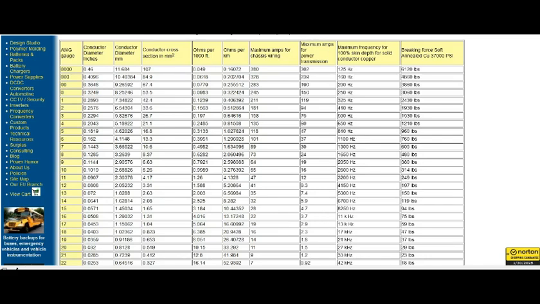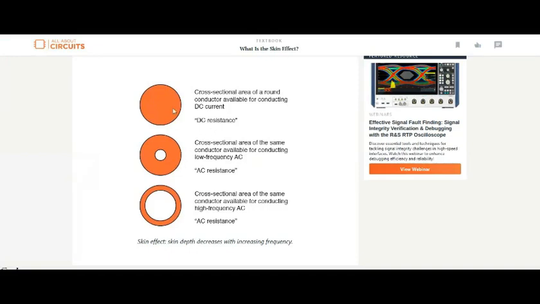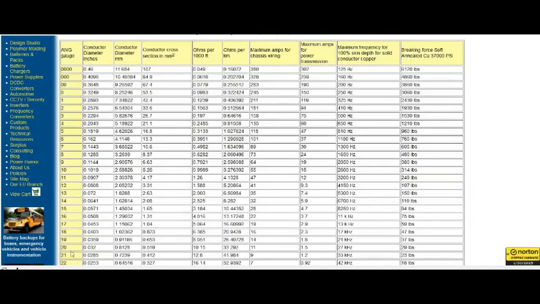And up to there, you're still at here or at here. So you can kind of get an idea for whatever gauge wire how fast you can go before skin effect begins to predominate.